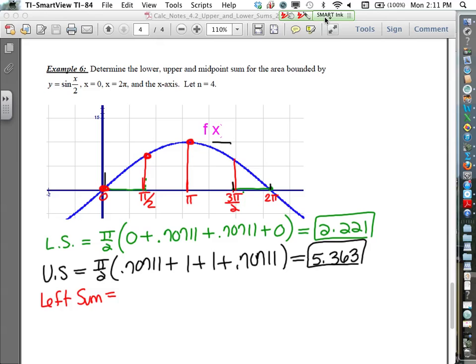This interval, this left endpoint. This interval, this left endpoint. The base is still pi over 2. This height is 0. This height is at pi over 2, which is 0.70711. This height happens right here at pi, which is 1. This height happens at 3 pi over 2, which gives me 0.70711. So don't use the 2 pi at all. Add them up. Multiply by pi over 2. What do we get?